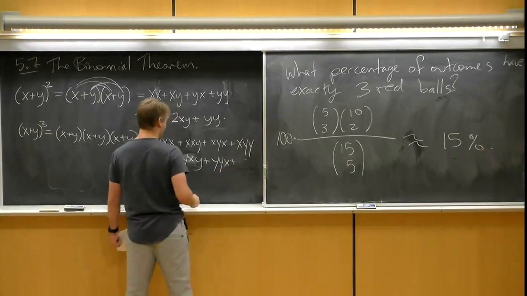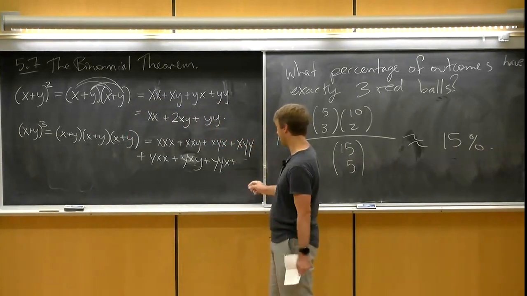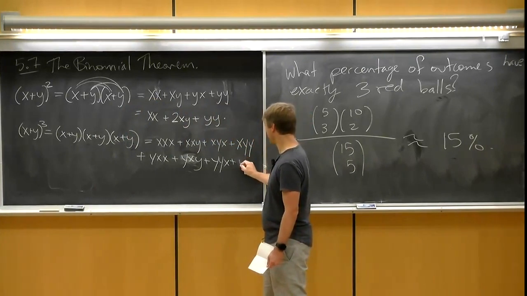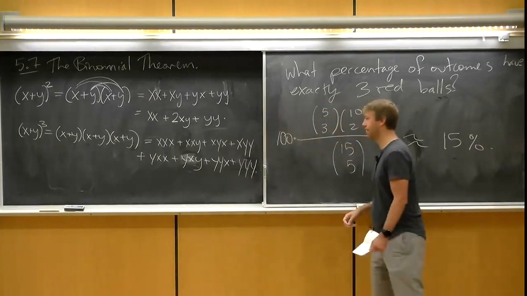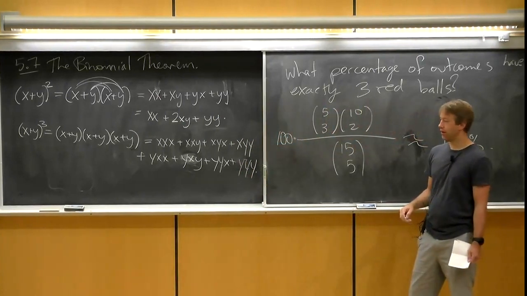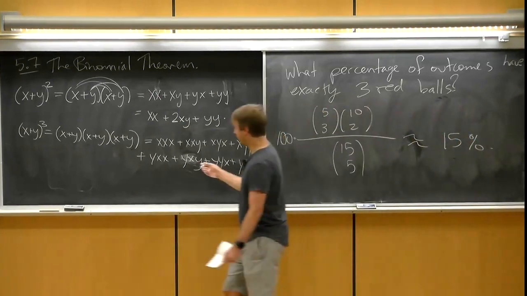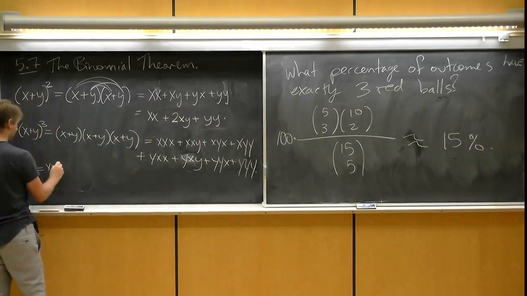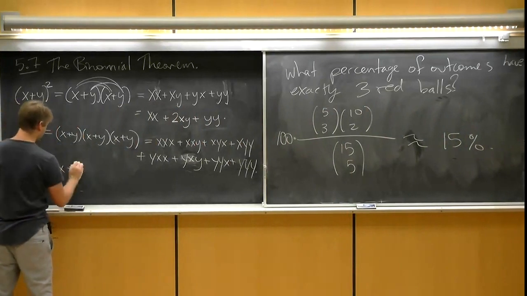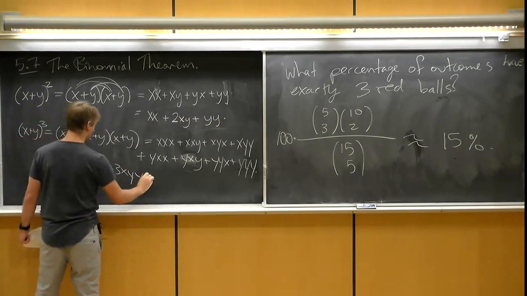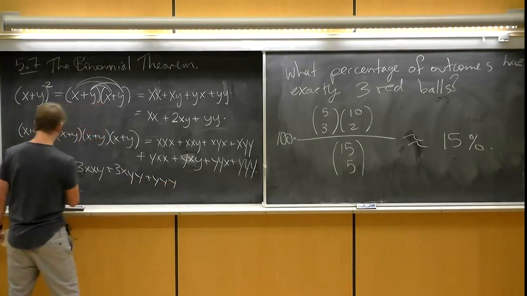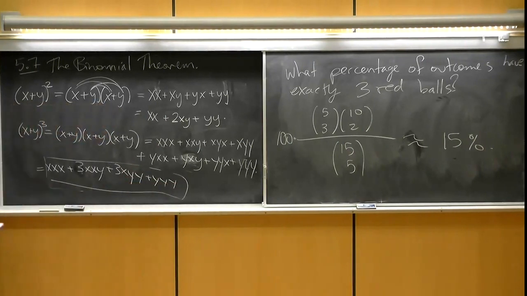There's no right or wrong order to do this, but you just have to get every possibility exactly once. If you collect up the terms, you'll see that your coefficients are 1, 3, 3, 1, right?